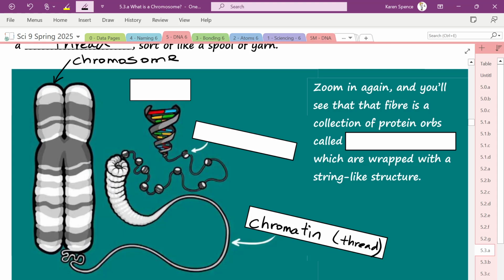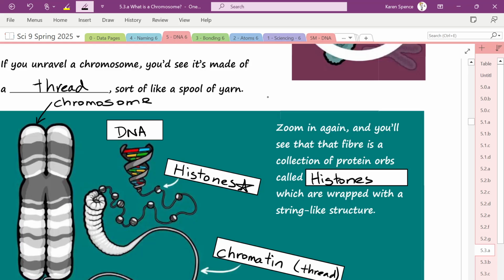We can unwind it even further and we get the DNA along with the histones. Histones is just another word for histone proteins. So don't forget histones. Zoom in again, and you'll see that the fiber is a collection of protein orbs called histones, or you can call them histone proteins.